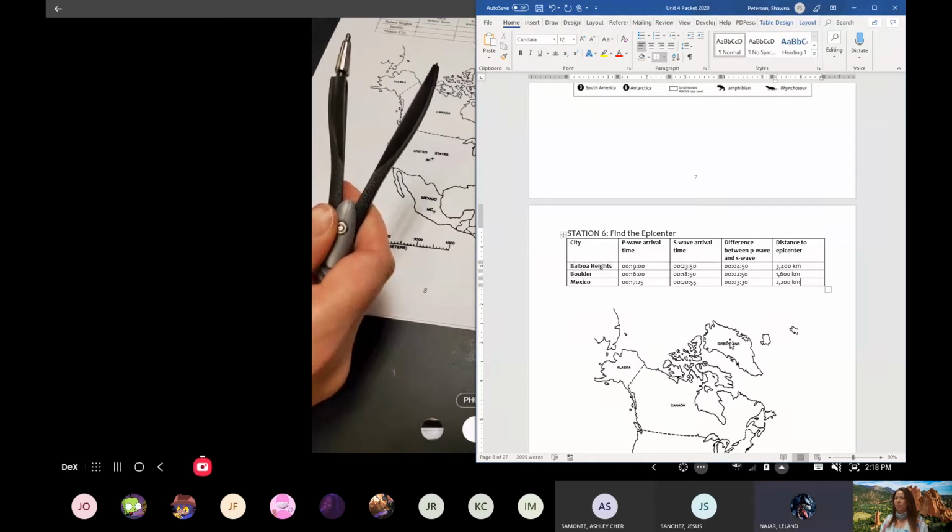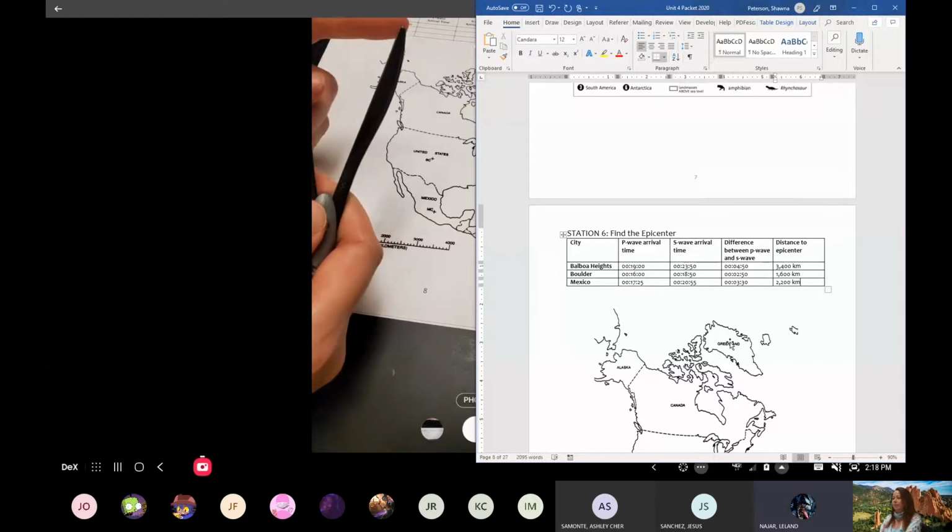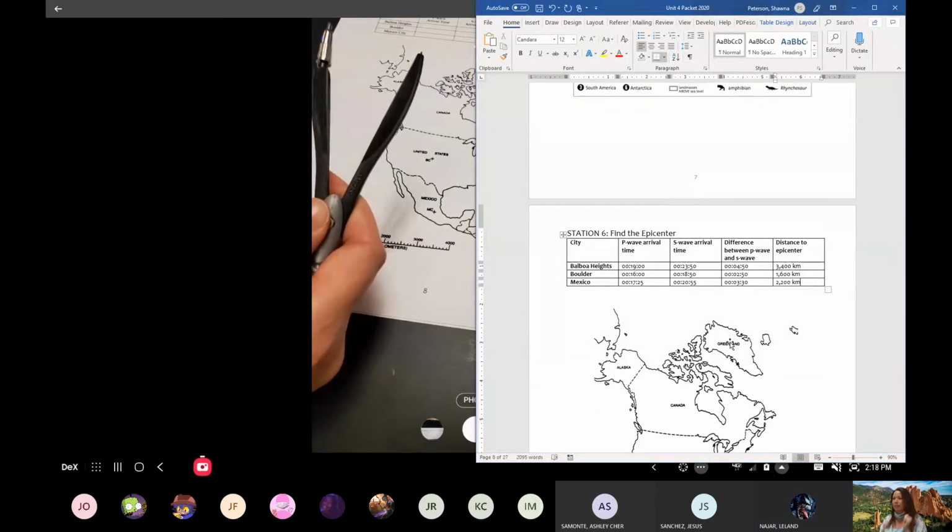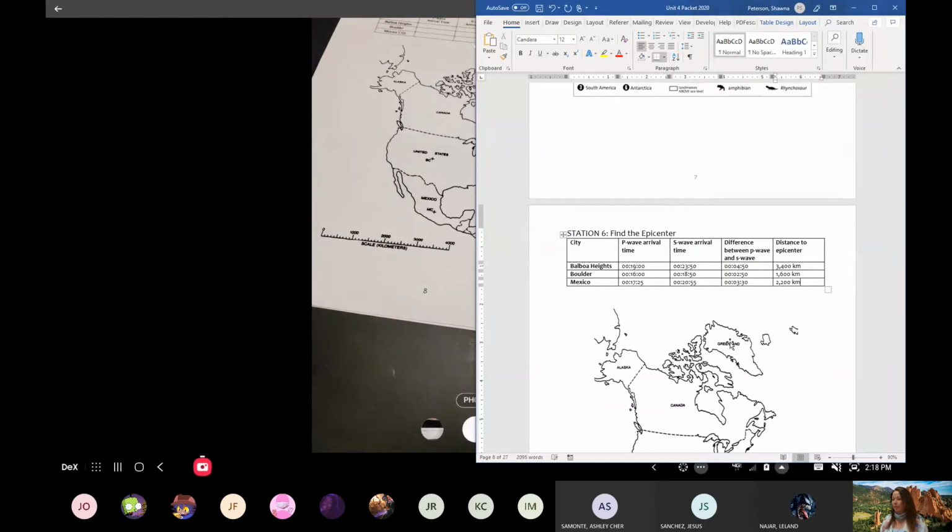Called a protractor. I have a pin, sharp metal point on one side, pencil on the other. And then you have a scale on here. So it tells me in kilometers, so I don't have to do any conversions from meters to kilometers, because we already did this all in kilometers.